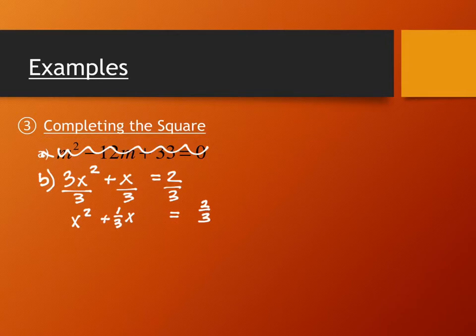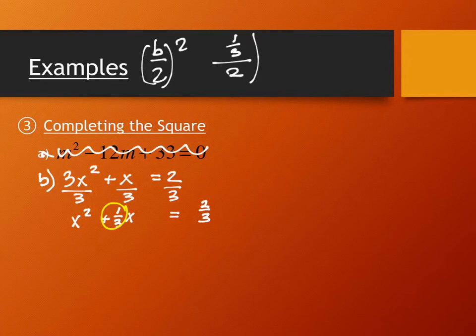So in order to complete the square, I first need a 1 in front of the x squared. That means this now is my b value, 1/3. So I'm supposed to be doing b over 2 squared, right? So this is 1/3 divided by 2, squared.